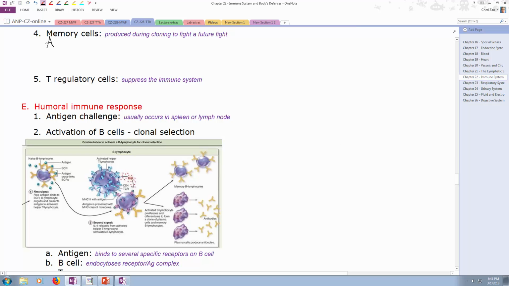All activated cells, T or B cells, produce memory cells.